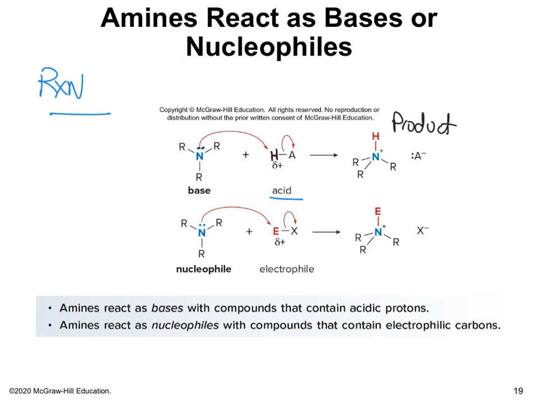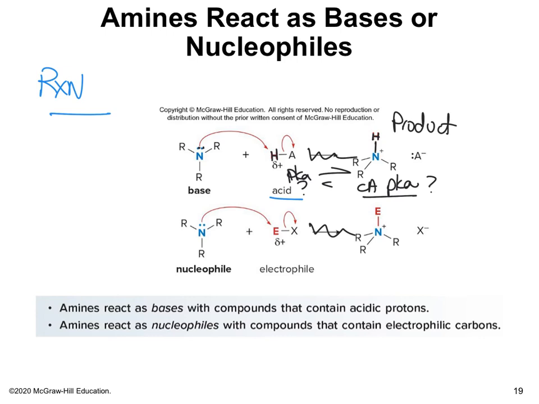On your product side, this is your conjugate acid because the nitrogen has the hydrogen. You want to look up a pKa value. So this is the pKa value of whatever this acid is, and this is the pKa value of the conjugate base, and that'll determine which way the equilibrium arrow goes. It's really not an irreversible arrow.